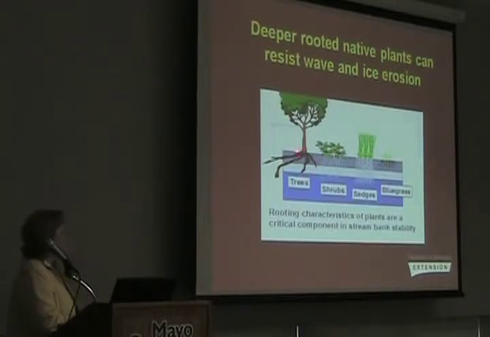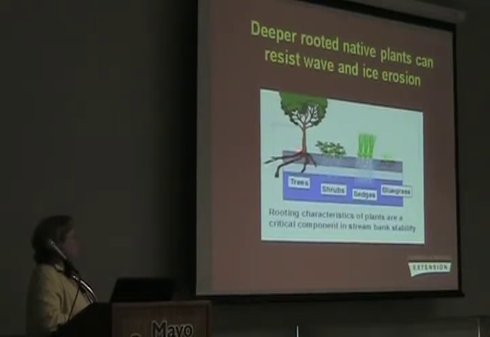One of the things about the trees, too, is, as you can see, there's not a lot of roots going into the soil here. There's basically these big anchor roots.